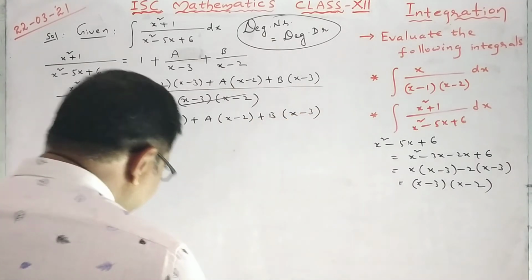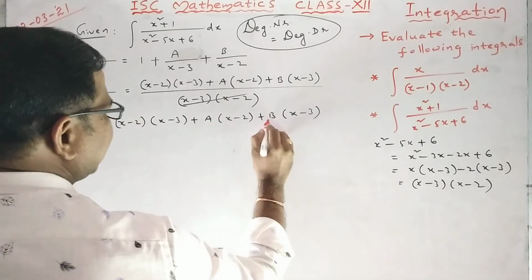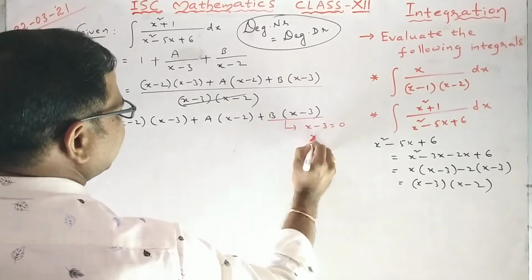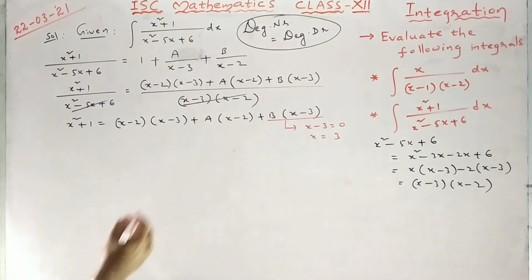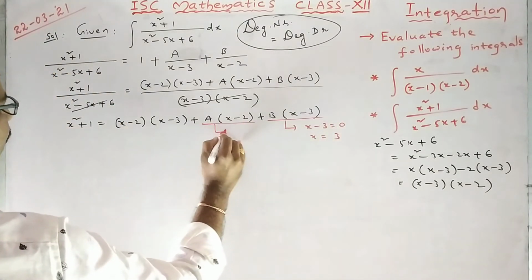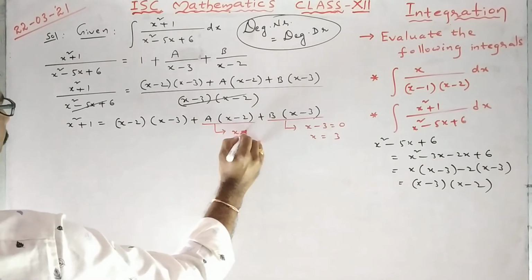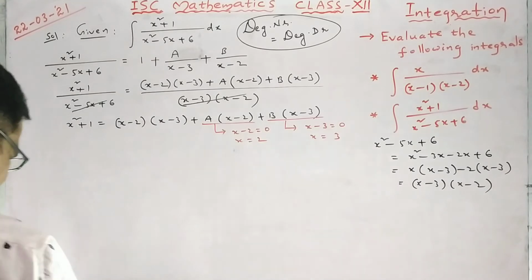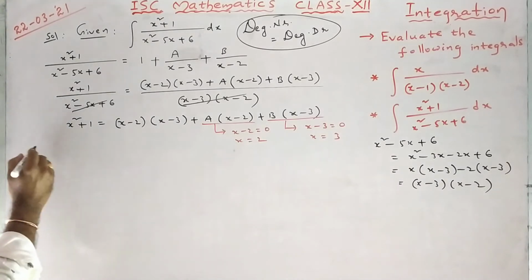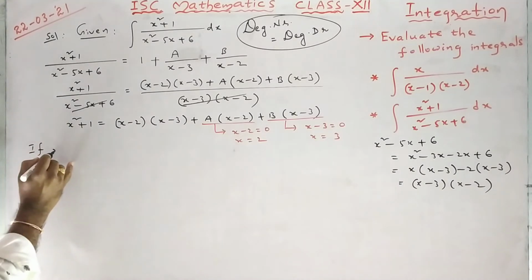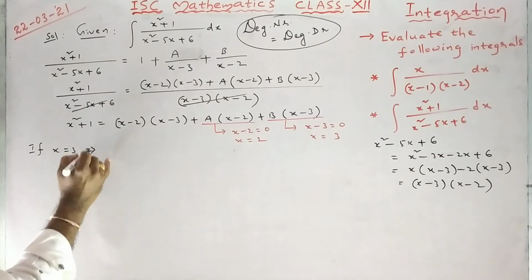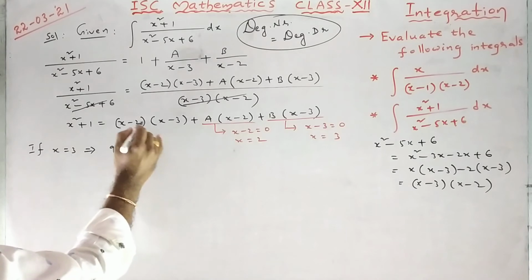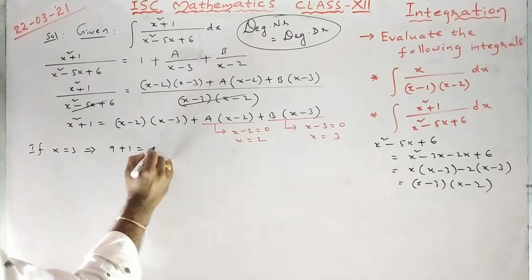Now, as I told you earlier, to get the value of a, we have to make the coefficient of b, x minus 3, equal to 0, x equal to 3. To get the value of b, make x minus 2 equal to 0, x equal to 2. If x equal to 3 first, put the value: 3 square, 9 plus 1, (3 minus 2)(3 minus 3), this will be 0.